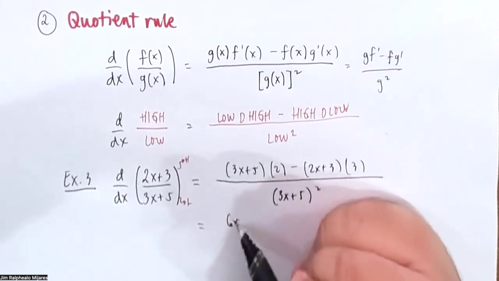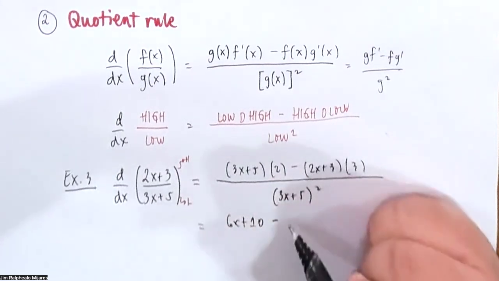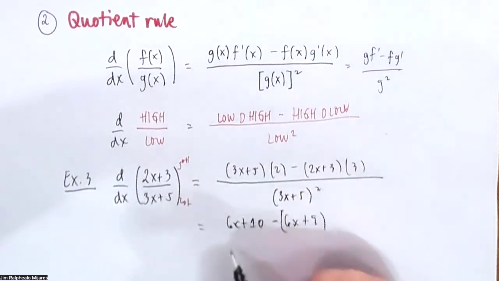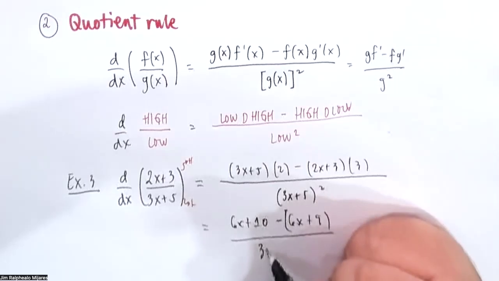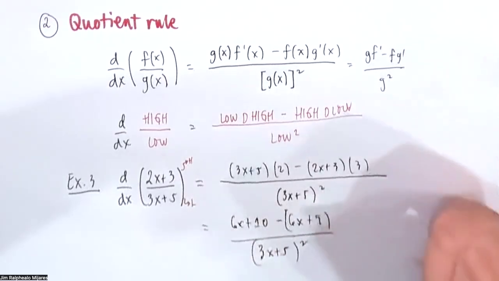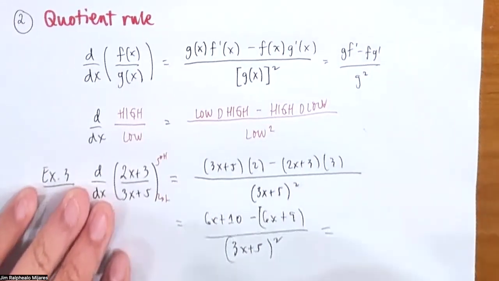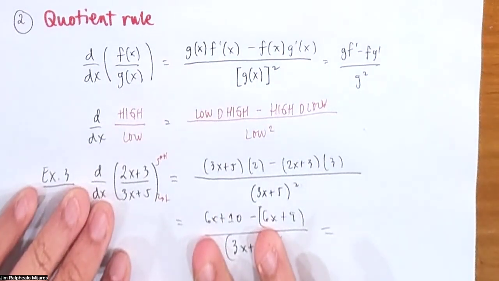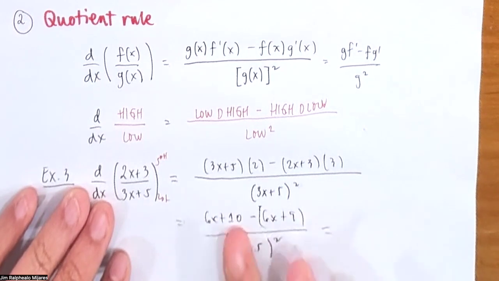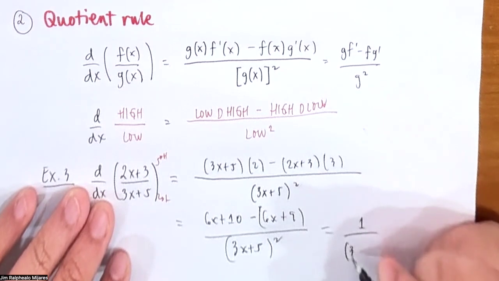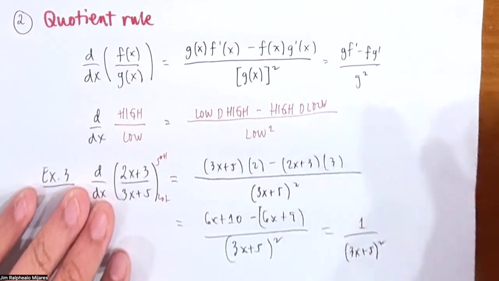So that's 6x plus 10 minus 6x plus 9, or 3x plus 5 squared. And finally, this is equal to 6x minus 6x is 0. 10 minus 9 is 1. So this is 1 over 3x plus 5 squared.